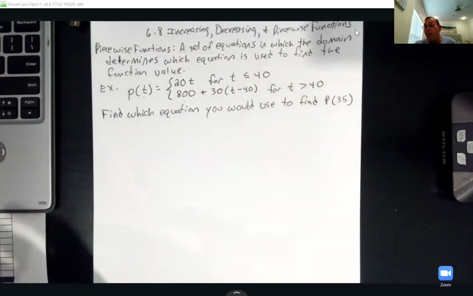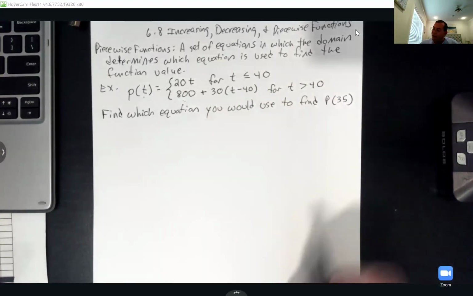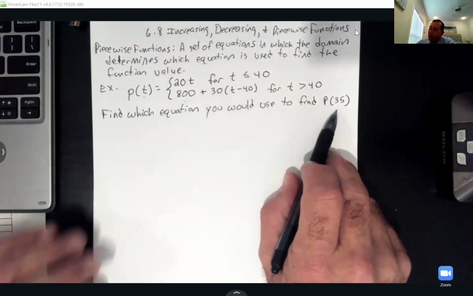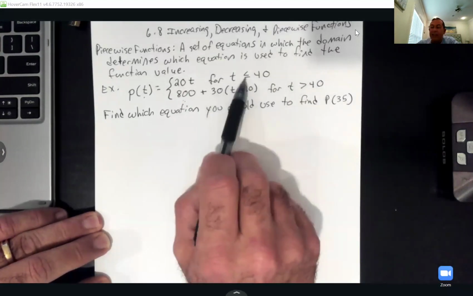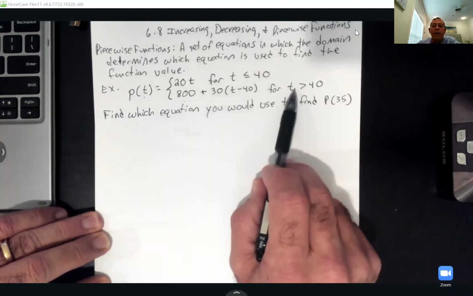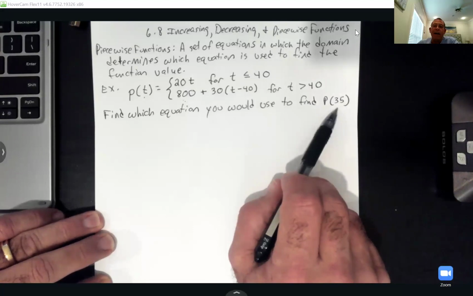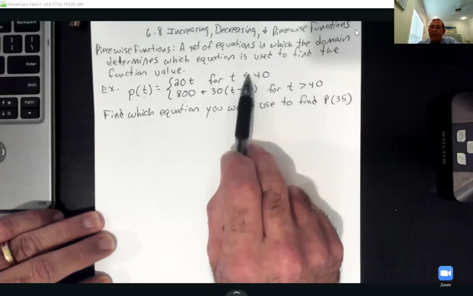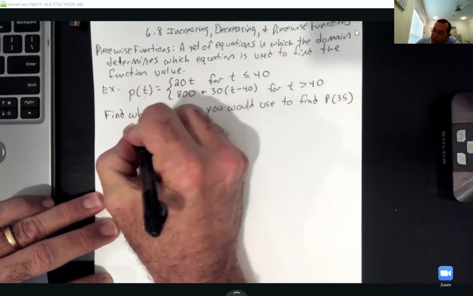Now, they don't want to know what value I would get. They just want to know which equation I would use to find P of 35. So that's what you got to look at your domain for. Is 35 less than or equal to 40, or is 35 greater than 40? So since 35 is less than 40, we would use the first equation, which would be the 20t.